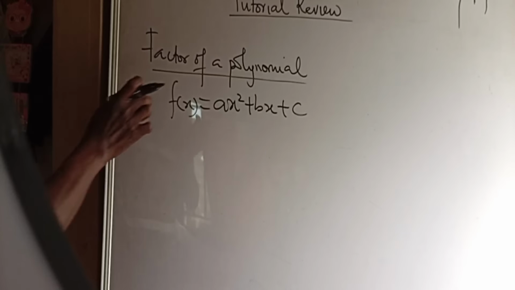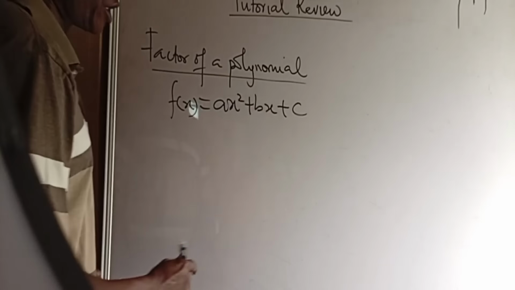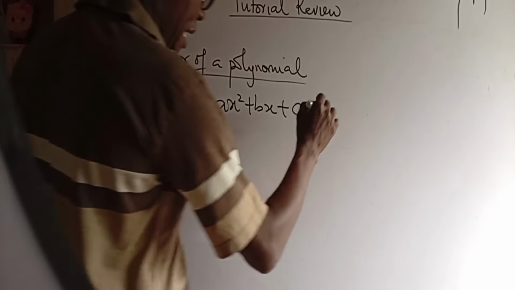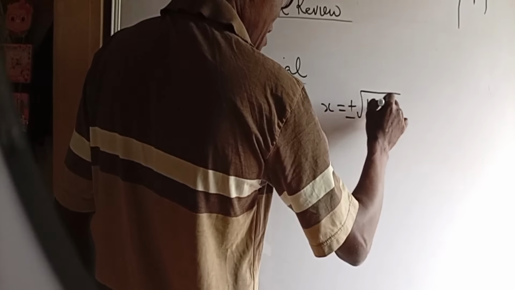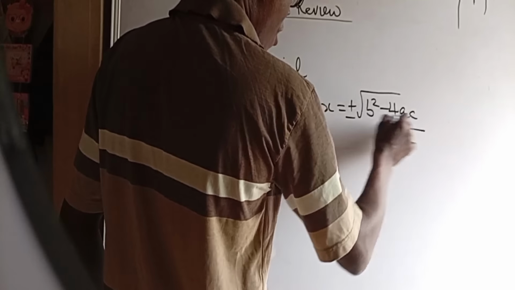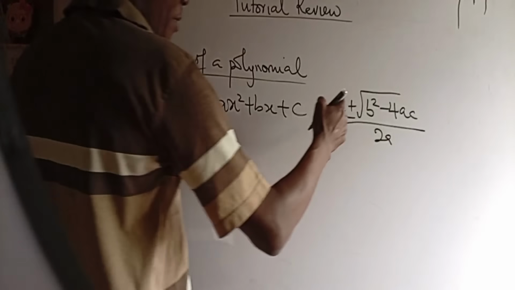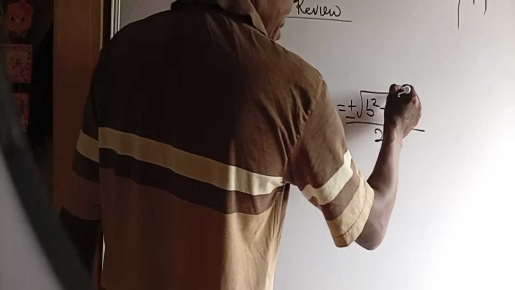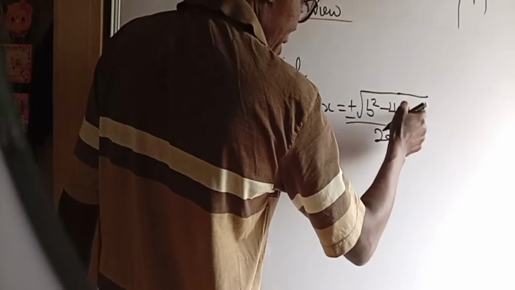Now, the roots of this particular expression, if we use the formula method, x is equal to minus b plus or minus the square root of b squared minus 4ac, all over 2a. So x will be plus the whole of this all over 2a, or x will be minus the whole of this all over 2a.